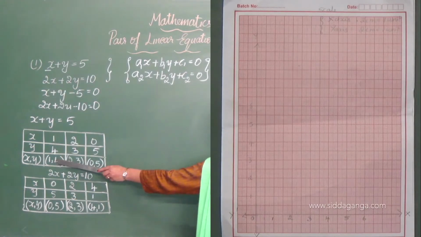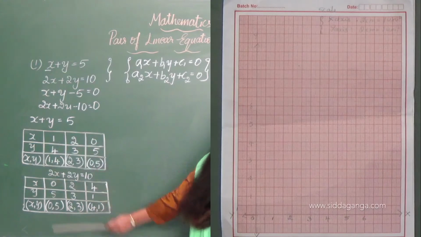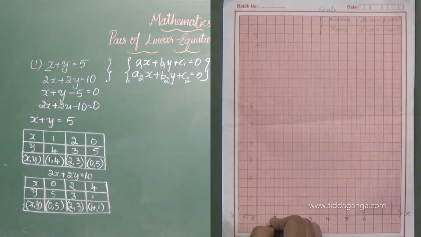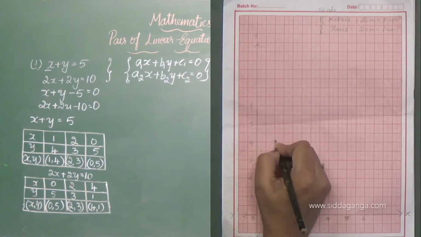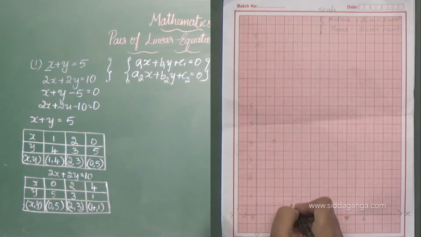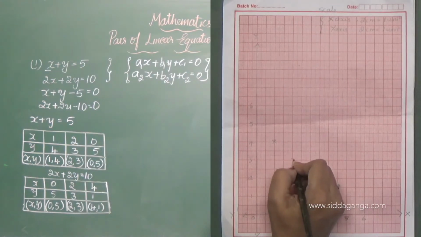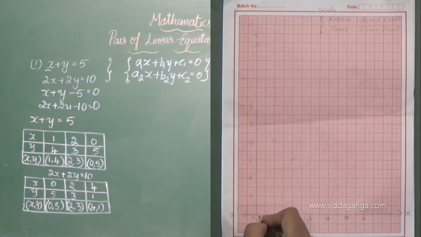For the first equation, x plus y is equal to 5, the points are 1, 4. I mark the point here. Next 2, 3, and next 0, 5.